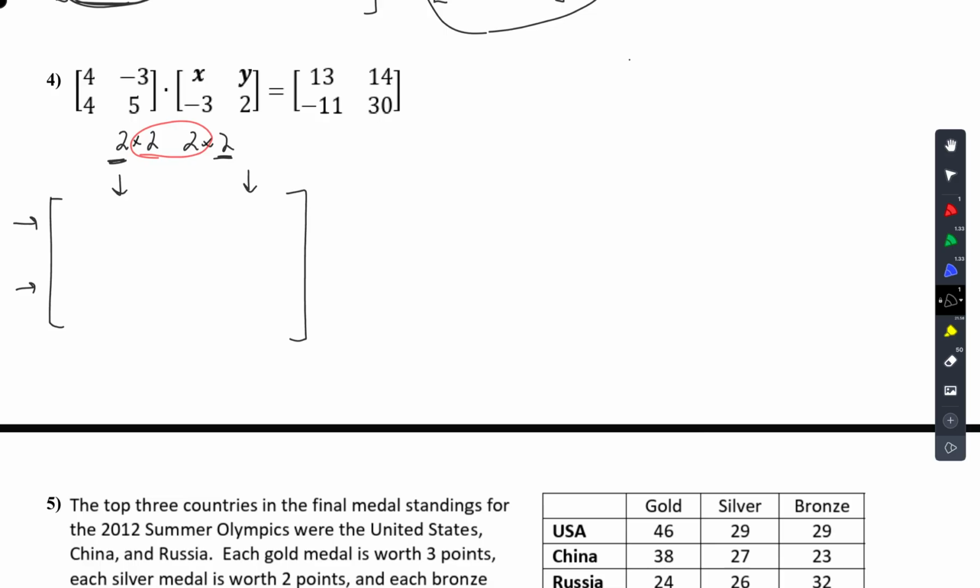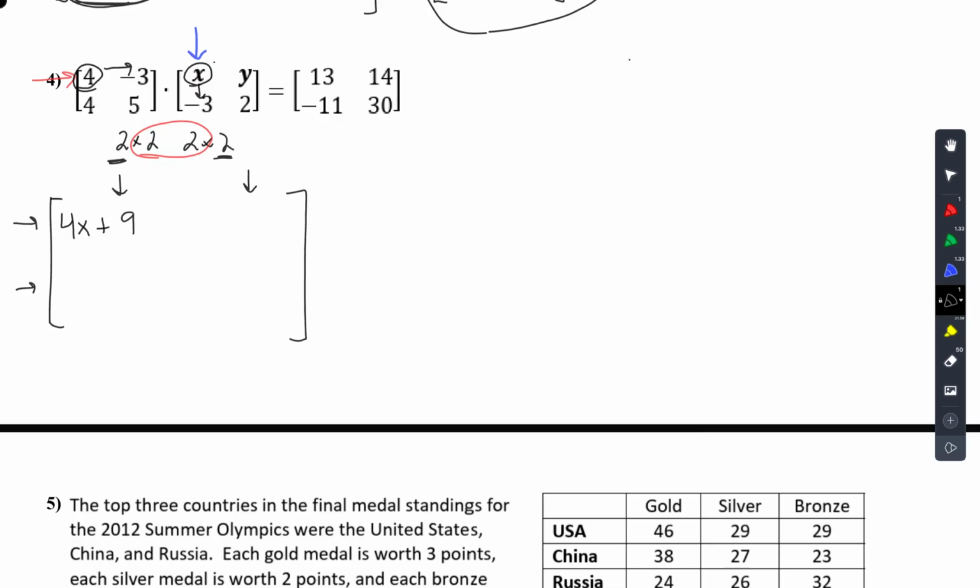To get the first one, I go first row, first column: 4 times X, plus, going down the row, down the column, -3 times -3, which is 9.